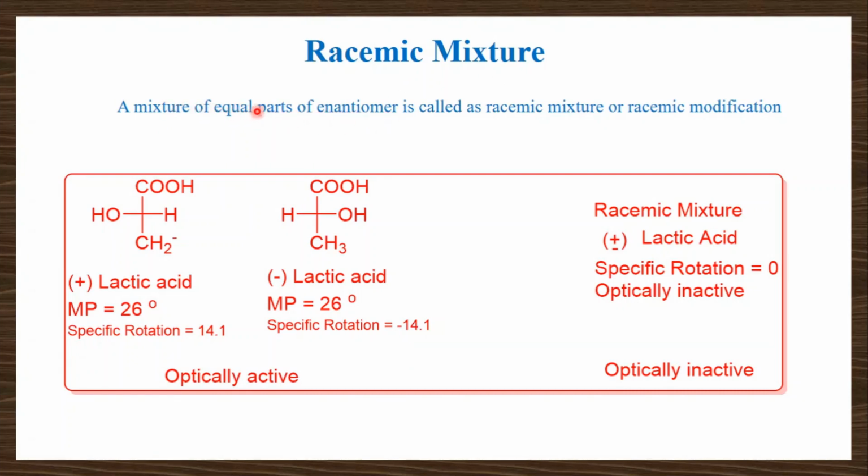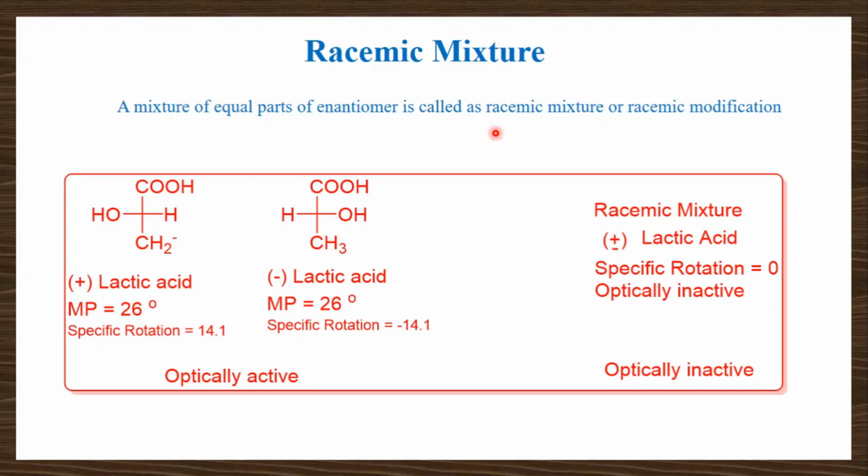A mixture with equal parts of enantiomers is called a racemic mixture or racemic modification, or you can say an equimolar mixture of the plus and minus forms of your compound is called the racemic mixture.